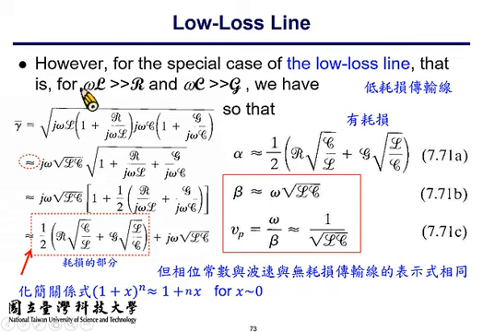Well, as you can see here, the characteristic impedance is kind of complicated, and is that a real number? If this is lossless, then this is a real number.